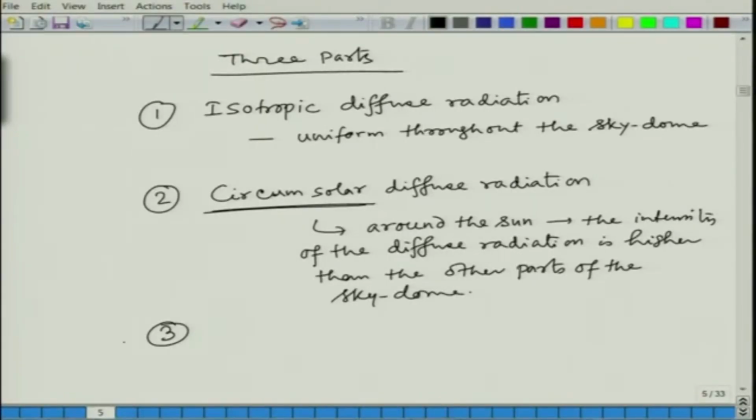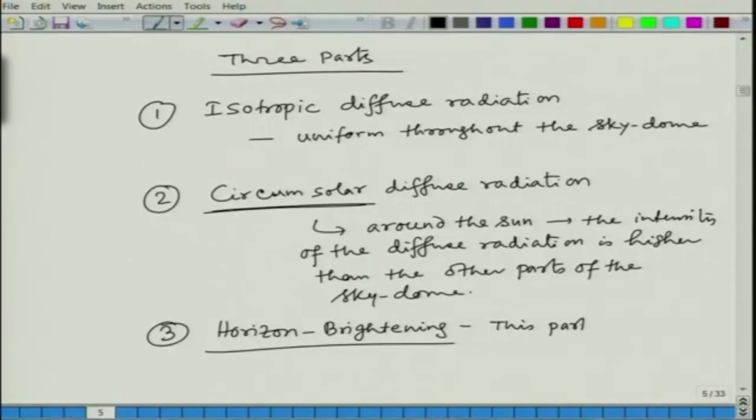The third component we take is called horizon brightening. How does this brightening happen? This happens because of a lot of reflections coming from the objects on the ground, because all the objects are on the ground, and that will give you a little more intensity near the horizon.